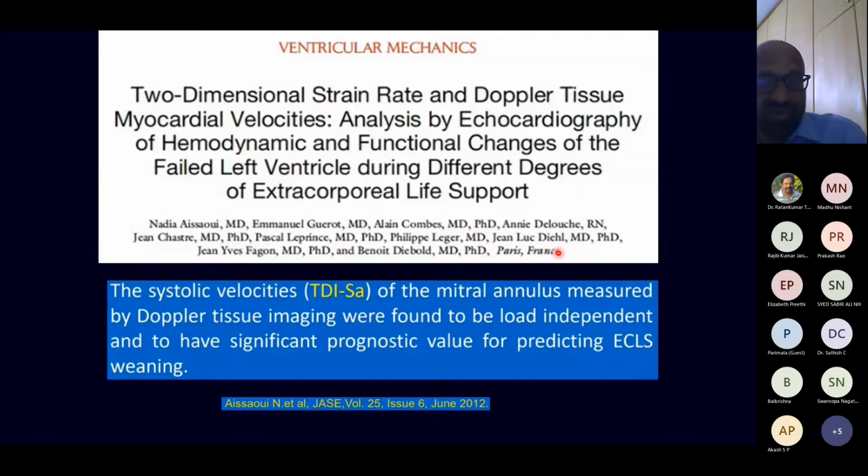And when you talk about ECMO, patient selection, insertion and positioning of the cannulae, monitoring of the patients on extracorporeal membrane oxygenation, detection of complications, weaning of ECMO, and further monitoring after ECMO is weaned, at all stages echocardiography is extremely useful.